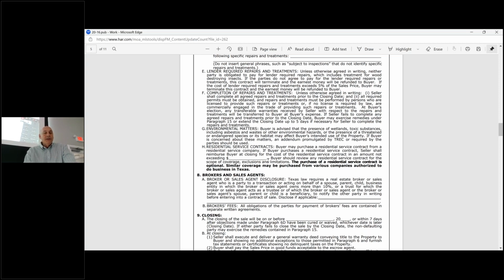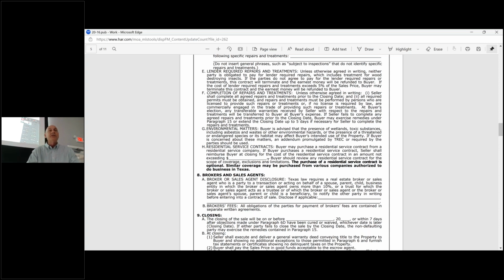If the cost of lender required repairs and treatments exceeds 5% of the sale price, buyer may terminate this contract and the earnest money will be refunded to buyer. So just because the lender says there's a problem, that doesn't obligate the buyer or the seller to start spending a lot of money. They can cancel the contract and walk away. That's what that says.